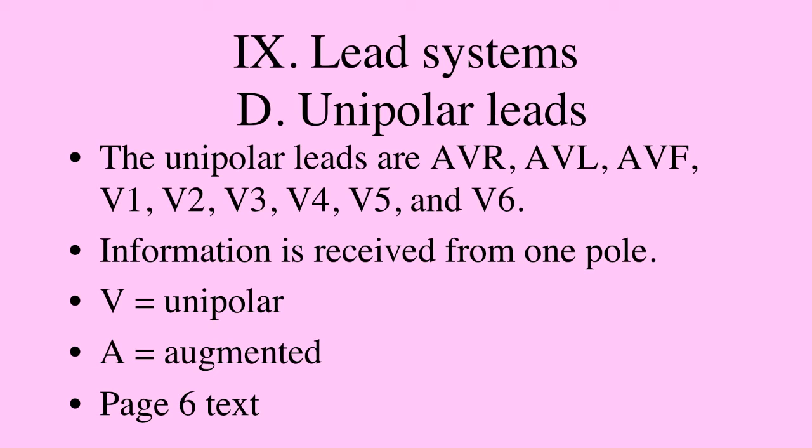The ones that are on the wrists, for example, would be kind of small because they're far away from the heart, so they're augmented by the machine. Augmented means to make bigger, and that's why the A is in there for AVR, AVL, and AVF. Oftentimes in EKG, after you get used to this material, we just refer to those leads as R, L, and F, assuming the other part is there.